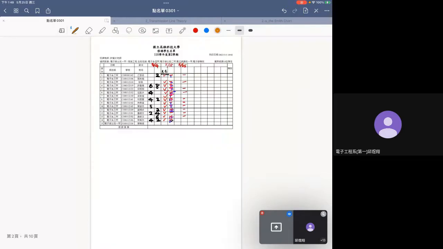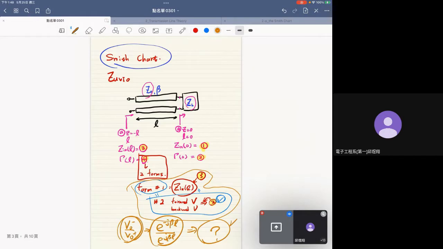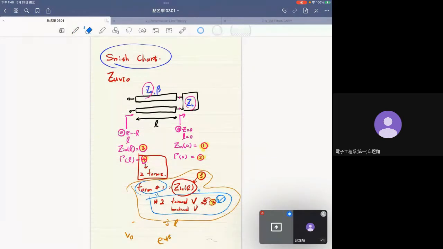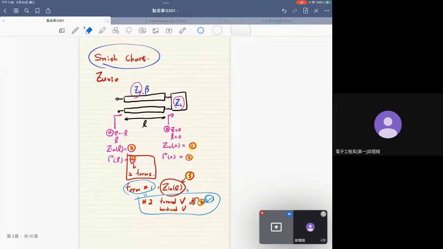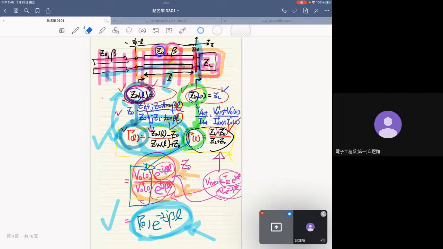Oh, it's okay. It's okay. So, that's good that everyone already understands the beginning of the Smith chart. This is the answer. This is what we derived last week.